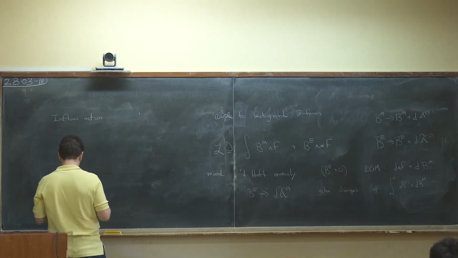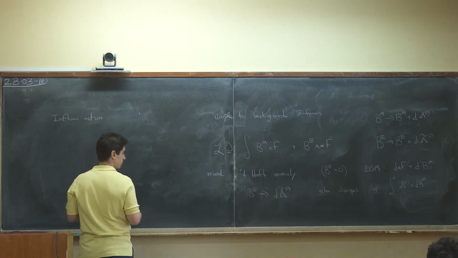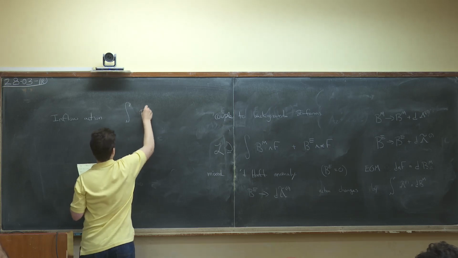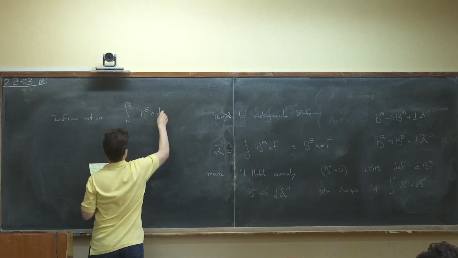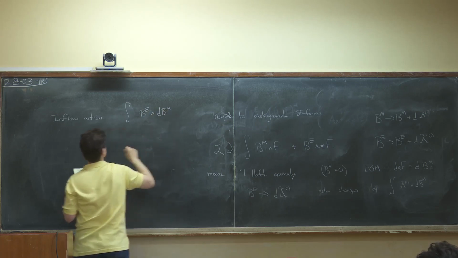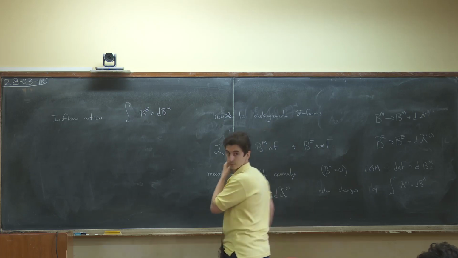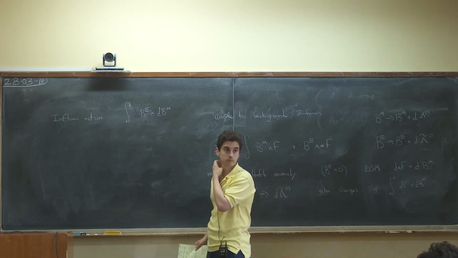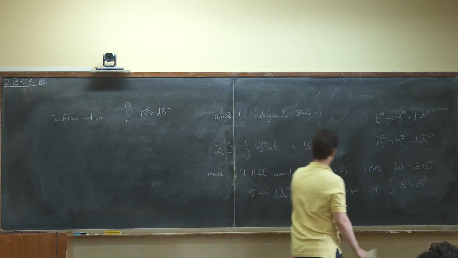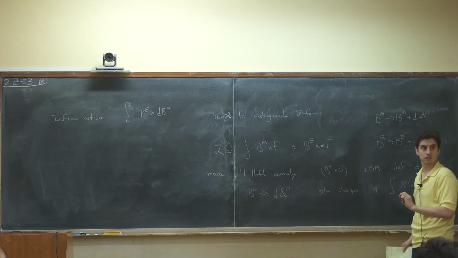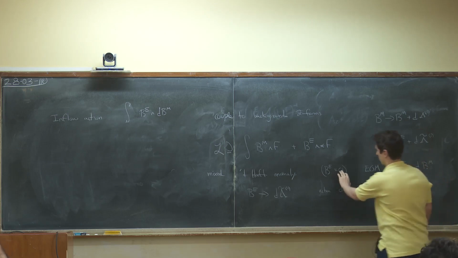Okay, so the inflow action is the integral of Be wedge dBm. That's why I started by setting Be to 0. Oh, you're saying that the equation of motion should be the same as the gauge transformation. That's why I started in this case.